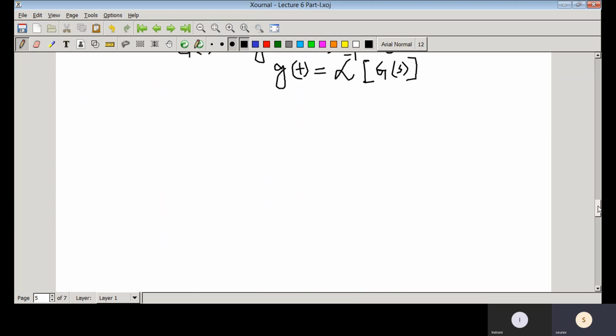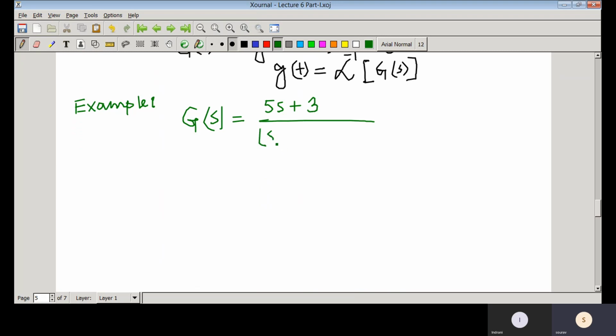Let us take one example. Suppose one function is given, G(s) equals (5s plus 3) divided by (s plus 1)(s plus 2)(s plus 3).